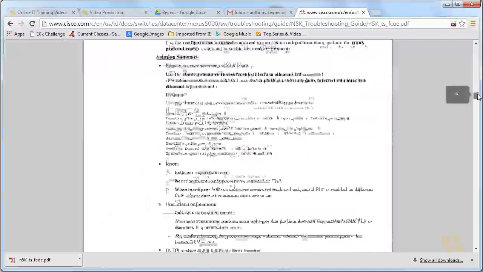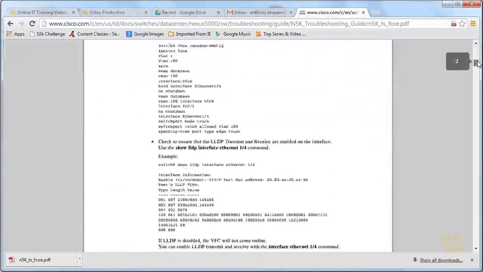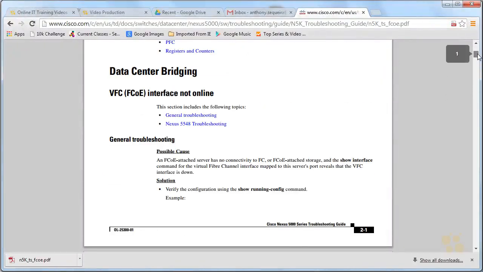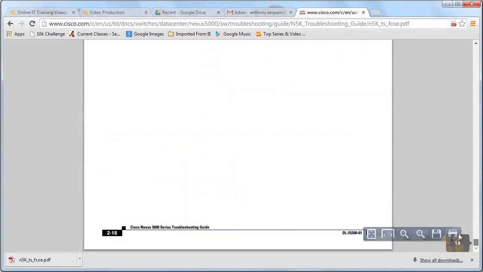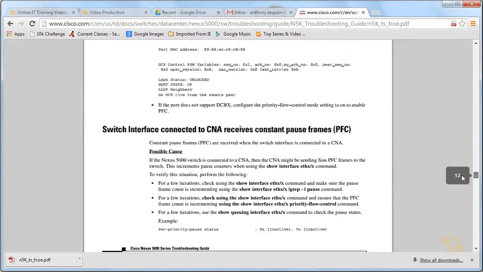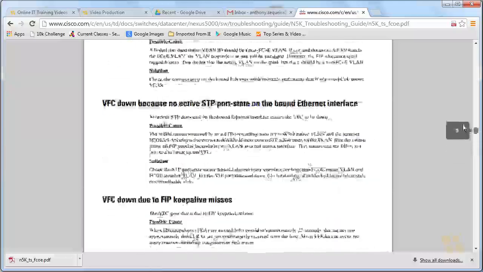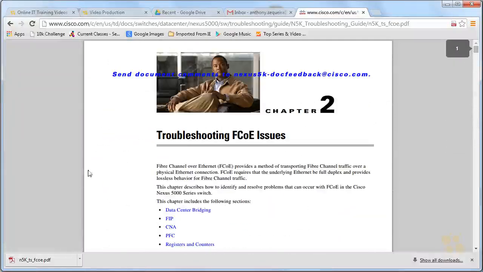So check out these corner case situations, read this entire document, not that long, 18 pages total, and it'll be a nice review of a lot of the information that we spoke of, and you'll see some other great details on Fibre Channel over Ethernet troubleshooting as well.